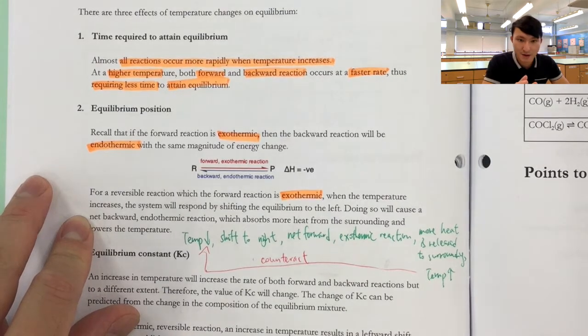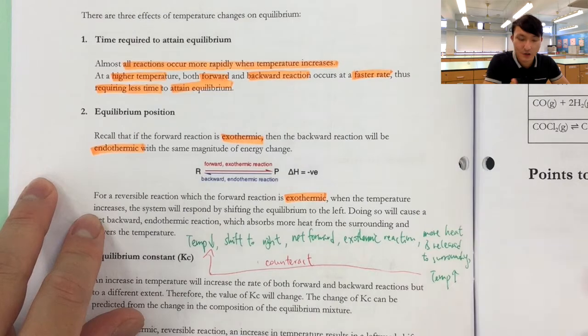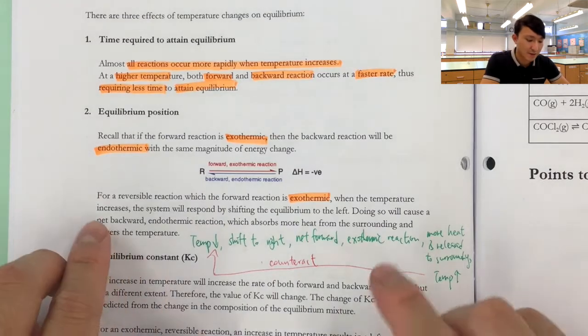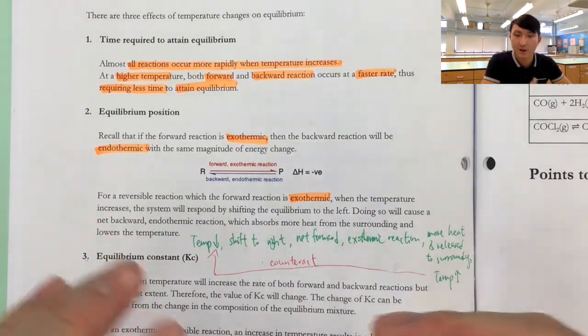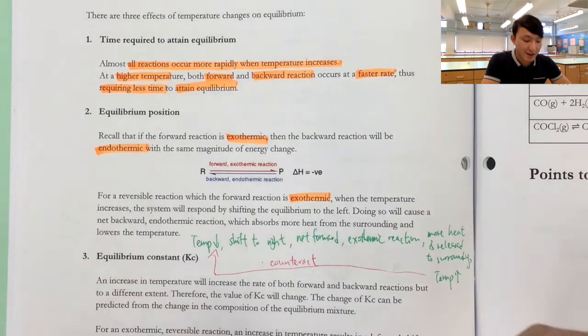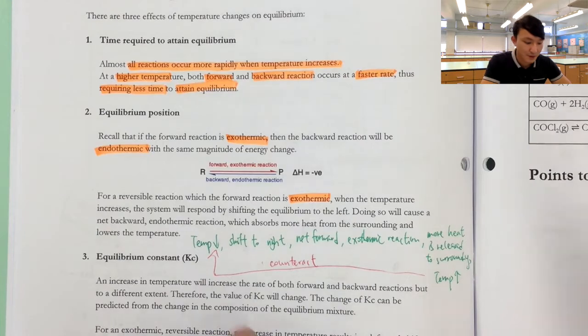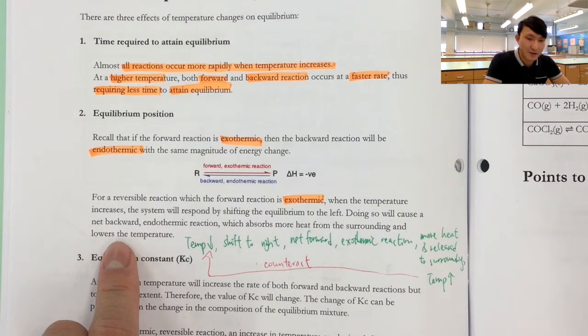But bear in mind, since overall speaking, the temperature has increased, the forward and backward reaction both speed up. But we say that the backward reaction speeds up to a greater extent than the forward reaction. So at the end, we will have a net backward reaction. Okay? So, bear in mind that as long as temperature increases, the reaction goes faster.